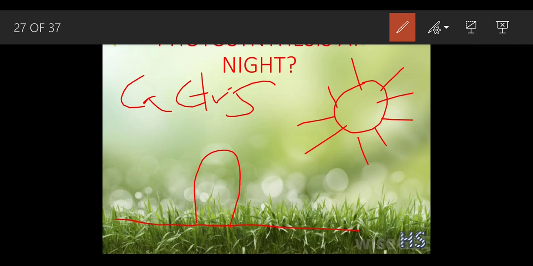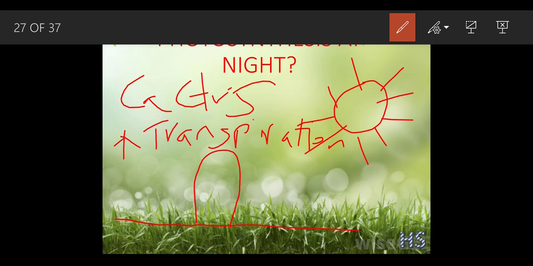So what is going to happen if this cactus absorbs a lot of sunlight? It will transpire more. The rate of transpiration will increase in these plants, and definitely no plant will be able to survive in this hot region.